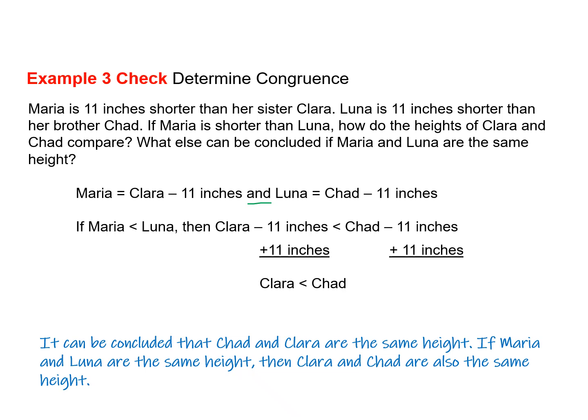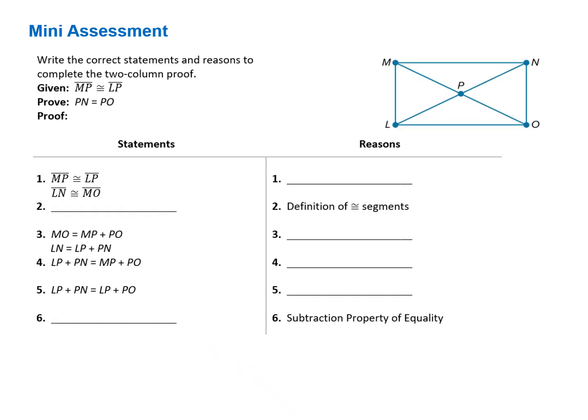Then Clara and Chad are also the same height. So remember the question, if Maria is shorter than Luna, how do the heights of Clara and Chad compare? Well, we said Clara would be shorter than Chad. But what else can be concluded if Maria and Luna are the same heights? Well, it can be concluded that Chad and Clara are the same heights if Maria and Luna are the same heights. All right, let's move forward.